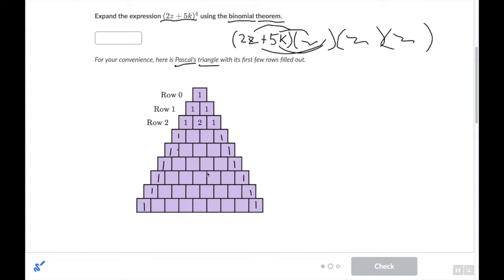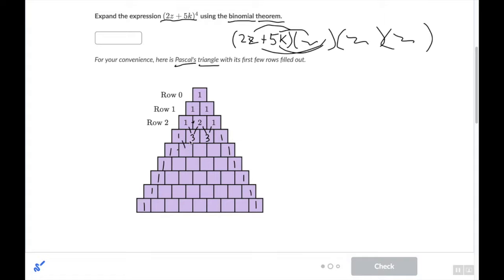And then to fill in the rest of the blocks of the triangle, you take the 2 blocks that are leading into the next block you're looking for. So I got this block from 1 leading here and 2 leading here, and you add them together. So 1 plus 2 makes 3, and 2 plus 1 makes 3.